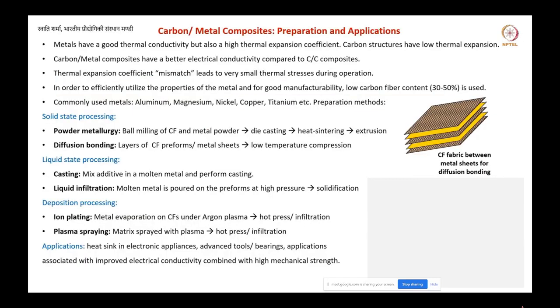Okay, so now how you can prepare this composite, or what are the main applications where you are seeing this CMC being used. So here two things are there, carbon and metal. You should know what you can achieve by using the individual properties.